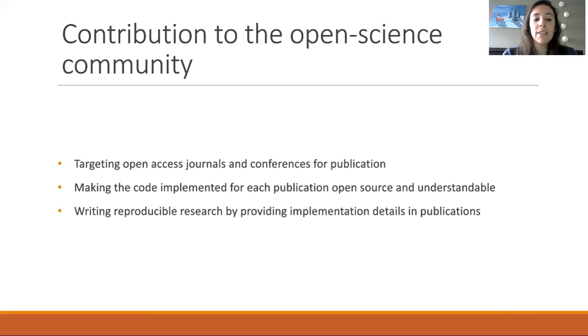The second point is, in my opinion, very important: to make the implemented code available and understandable so that any researcher can reproduce our methods. And finally, the last point is to write reproducible research by providing implementation details in the publications, again, so that any researcher can easily either reproduce the method or adapt it to a specific application.